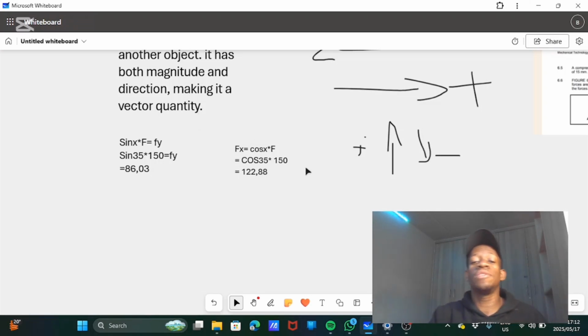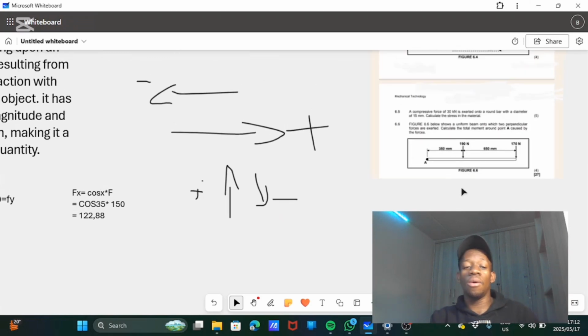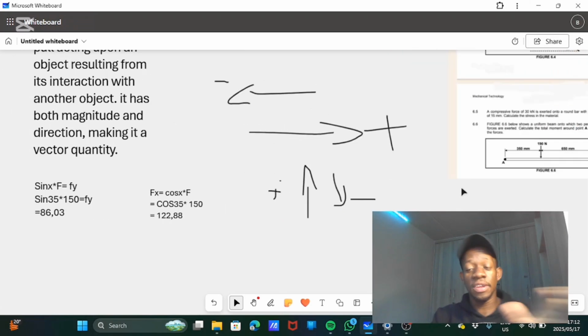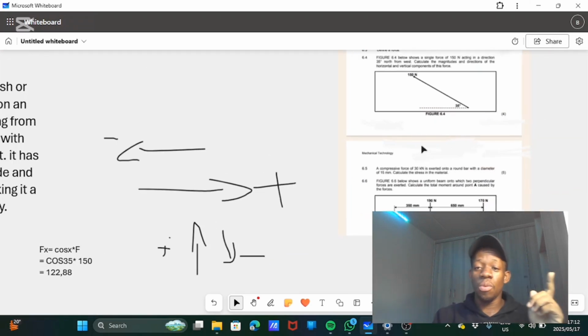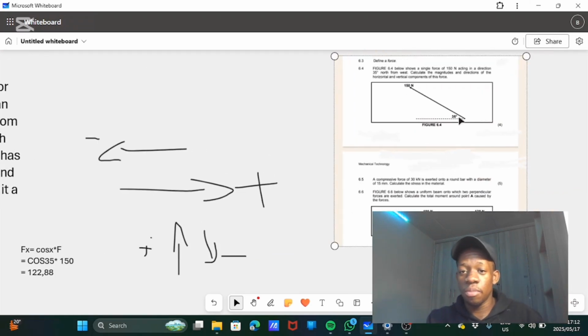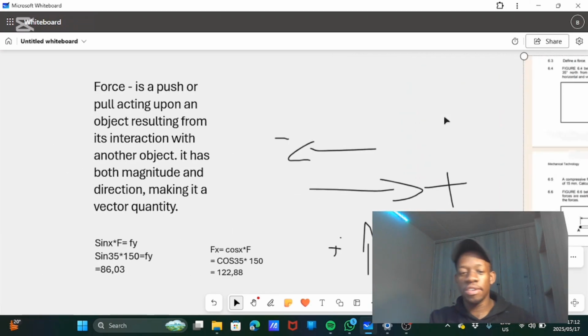So we have calculated the vertical component, but we haven't answered the question. Remember, the question was, let's go back. The question was, calculate the magnitude and the direction of the horizontal and vertical components. We only calculated the magnitude. Now we need the directions.